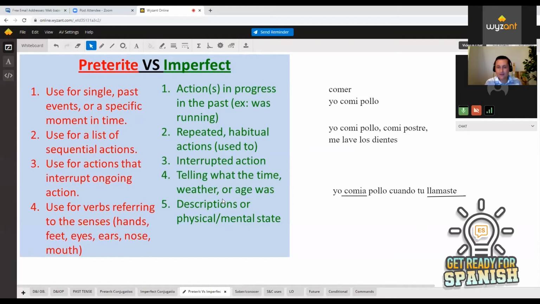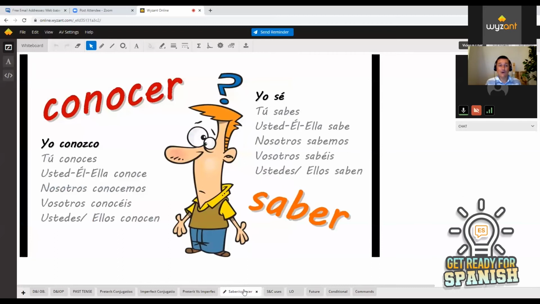Now, what else are you going to be studying this year? Well, these two verbs, saber and conocer. Last week we were talking about ser and estar; they both mean to be.